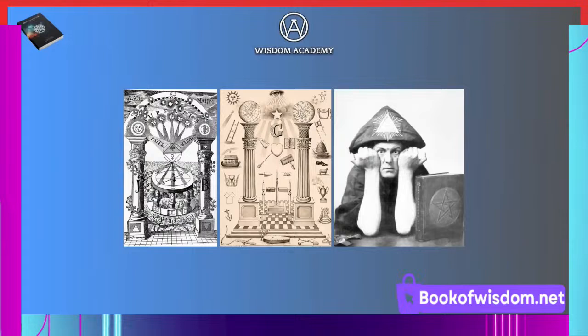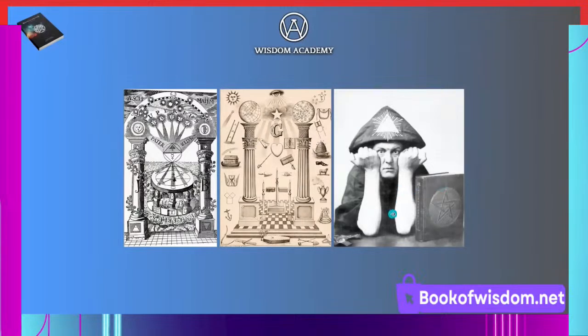This is symbolized in Freemasonry and secret societies as the 2 pillars. The mirroring reflection, the reflection of reality, the mirror. What happens in the mind, what happens in the astral, happens in the physical.